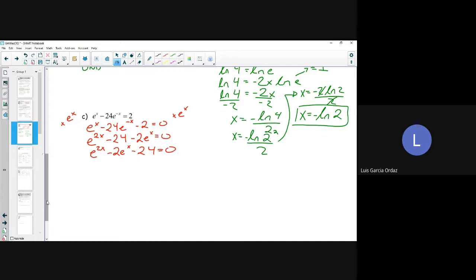Okay, so I got Madge, got e to the x plus 4 and e to the x minus 6. Let's see, did everyone else get that?